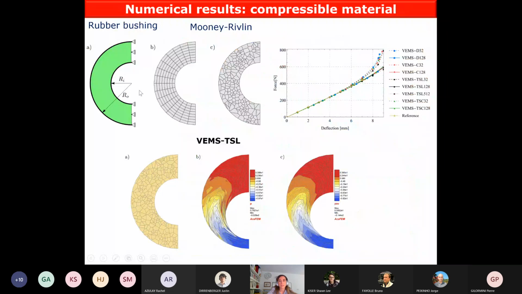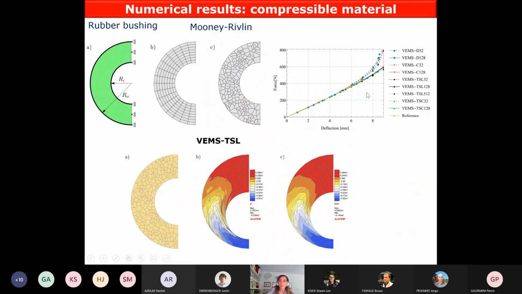And okay, maybe this is the last example I show. We consider a rubber bushing with a Mooney-Rivlin constitutive model. So the inner frame is rigidly displaced downward up to this final deformed shape.